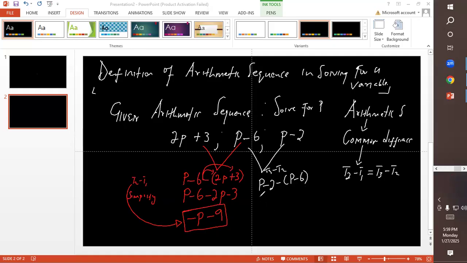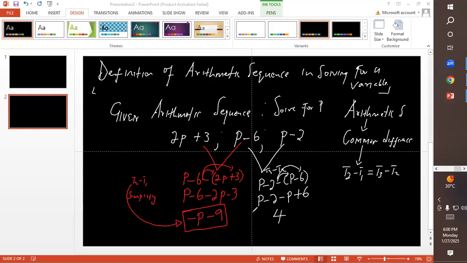Simplifying, p minus 2, negative times p is negative p, and negative times negative 6 is plus 6. Adding like terms, p minus p is 0, and minus 2 plus 6 is 4. So term 3 minus term 2 is 4.